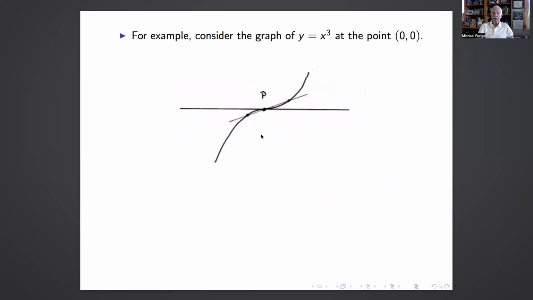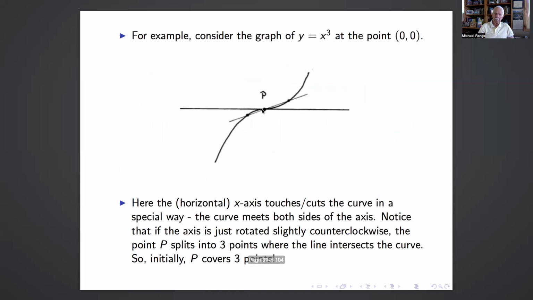For example, consider the graph of y = x^3 at the point (0, 0), so right around this point. The x-axis sort of touches and cuts the curve in a special way. The curve meets both sides of the axis. It's sort of a touching cut.